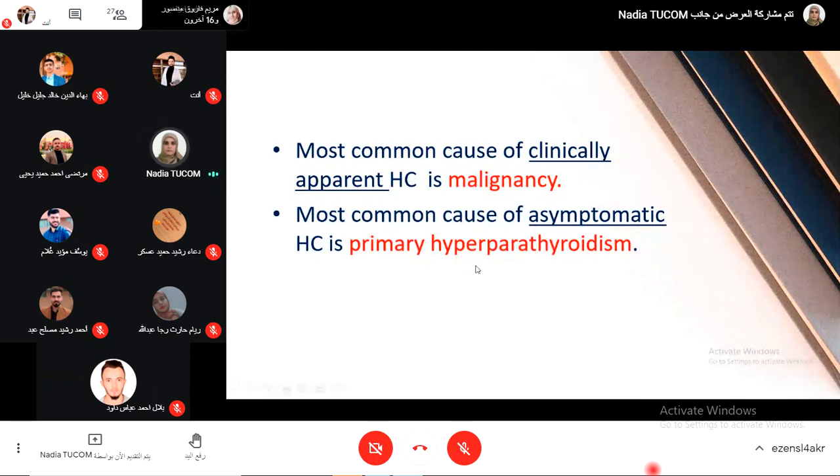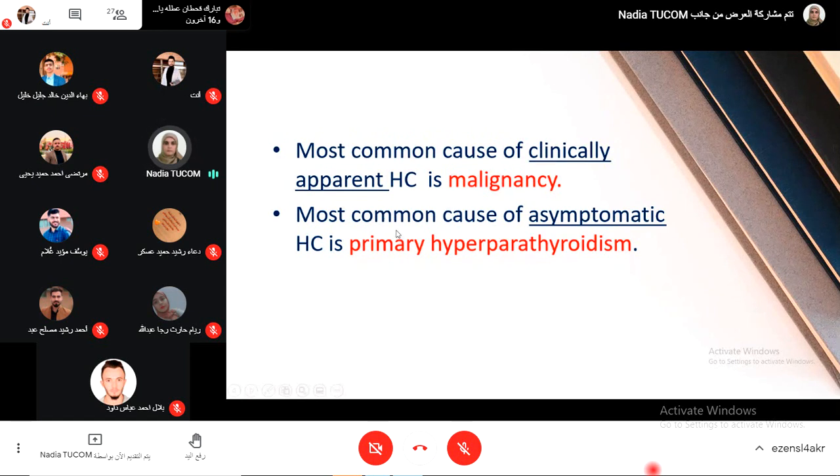Keep in mind, malignancy is a common cause of clinically apparent hypercalcemia, not PTH release, as a result of widespread calcification and tissue damage.